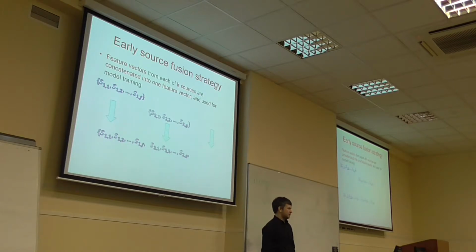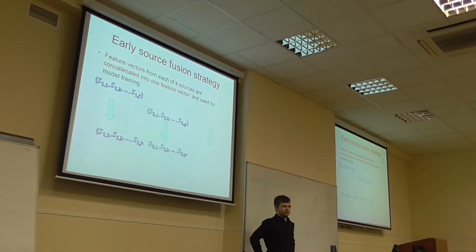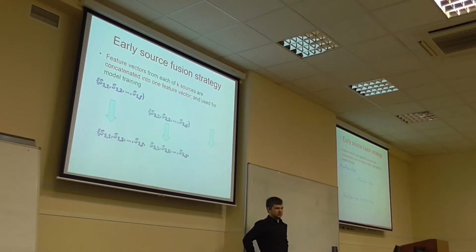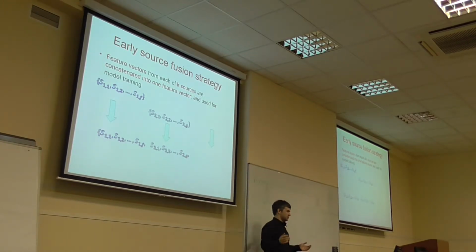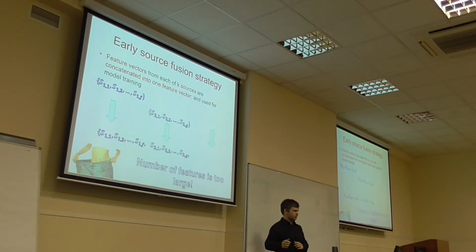In fact, matrix factorization is just a decomposition of the feature matrix into two matrices of lower dimension, and then you can map it back and complete features in this way. It's something very simple, and I don't believe that just by doing this you can complete everything and make it work very well. So early fusion does not always work very well, and the number of features is too big. It's really too big, especially when you work with images or with bag-of-words models or n-grams and so on.